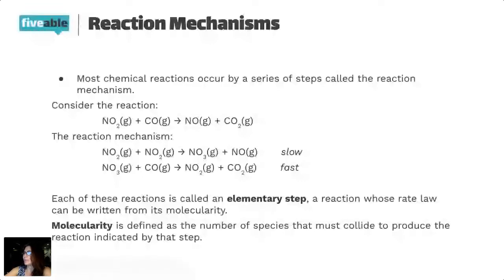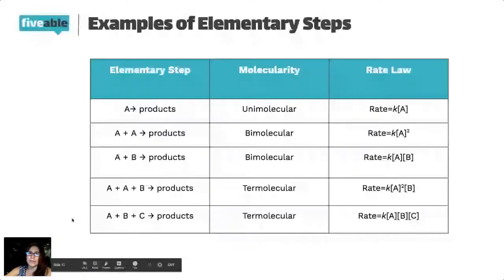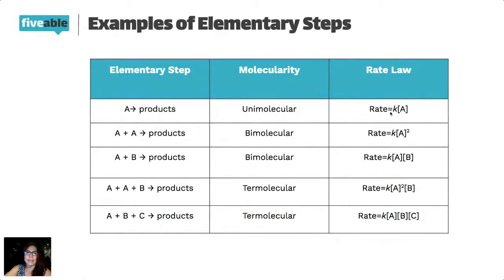For example, we could have an elementary step that is unimolecular when we only have one reactant. What is meant by the rate being taken from the molecularity is that you take only the rate of the reactant to the power of the coefficient. So in this case, the rate will be k times the concentration of A.